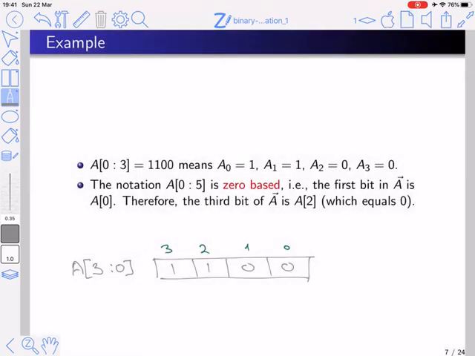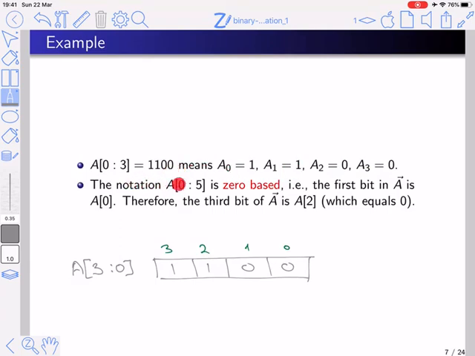Now, when we write A from 0 to 3 equals 1, 1, 0, 0, this is a shorthand that means A0 is 1, this is A0. The next bit, A1 is 1, this is A1. The next bit, A2 is 0, this is A2. The next bit, A3 is 0, this is this bit.